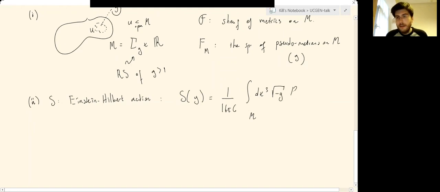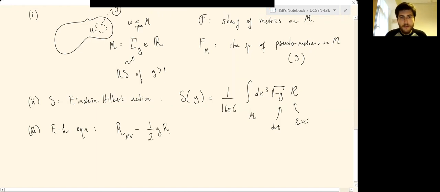And R is the Ricci scalar from Riemannian geometry, and this part is just a determinant. If you analyze this functional, your critical points or the corresponding Euler-Lagrange equations turn out to be the usual famous Einstein field equations, in local coordinates.